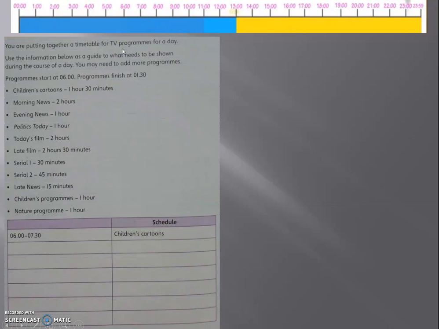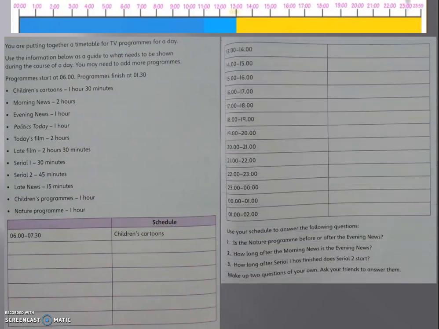Okay, here's the first page and here's the second page. And here is giving us, let us read together. You are putting together a timetable for TV programs for a day. Use the information below as a guide to what needs to be shown during the course of a day.